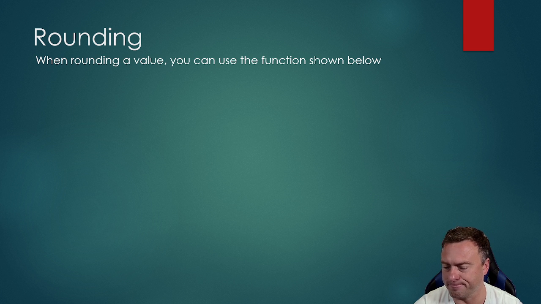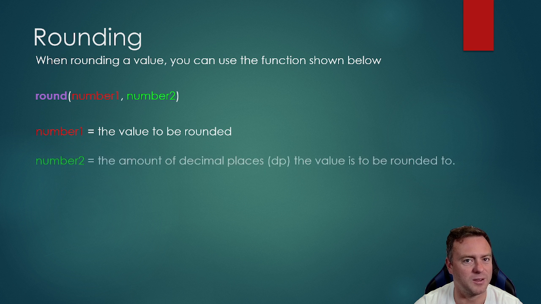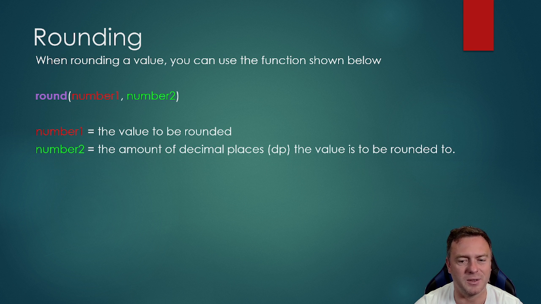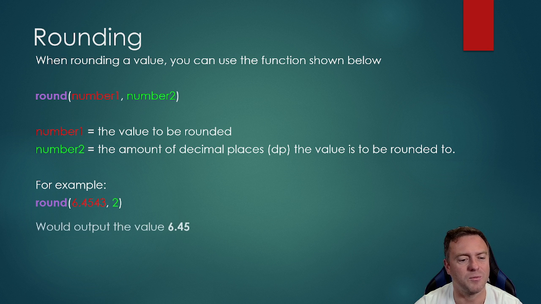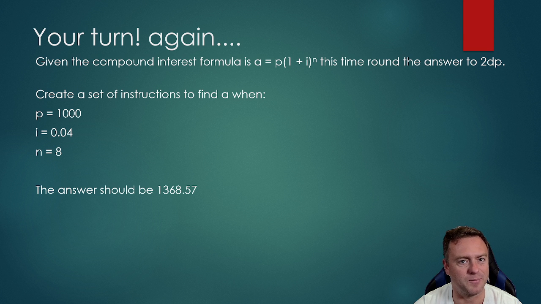Pretty simple. We go round, you put the first number, comma, the second number. Number 1 should be the value that's going to be rounded. Number 2 is the number of decimal places that you want it to round. So for example, if I go round, brackets, and then the first number, 6.4543, comma 2, that will then output 6.45. So we'll round it down to the second value.